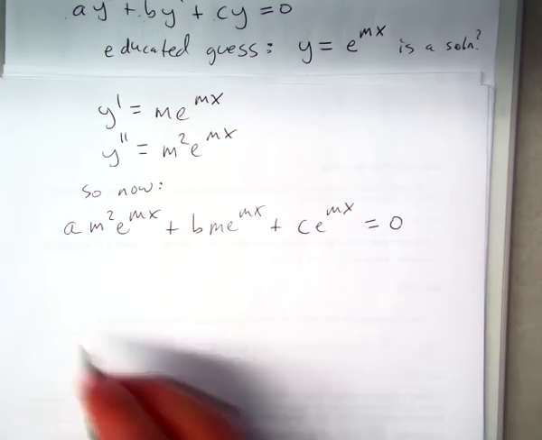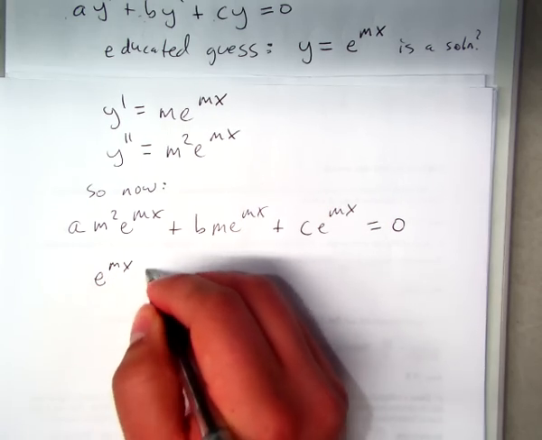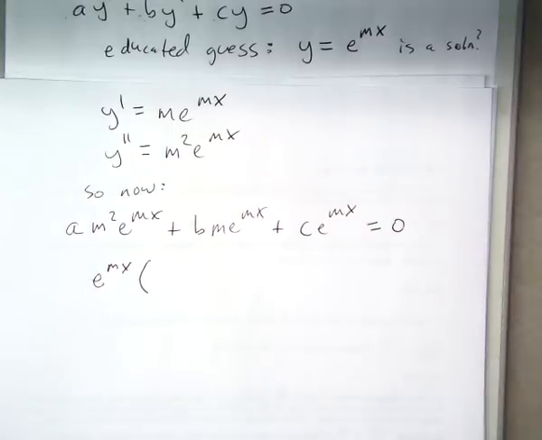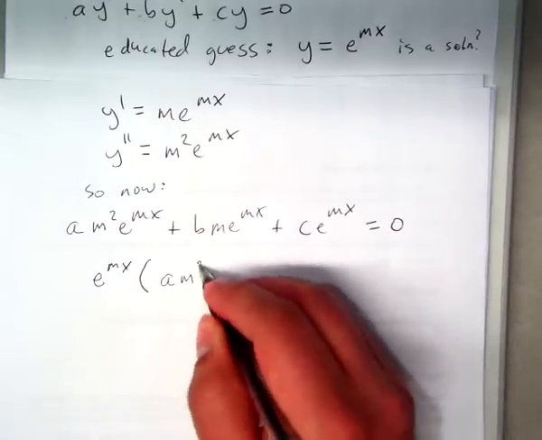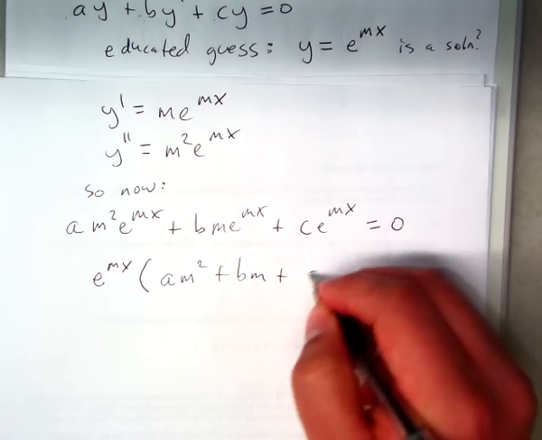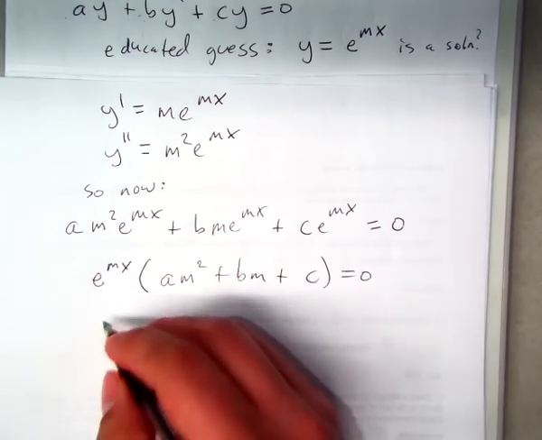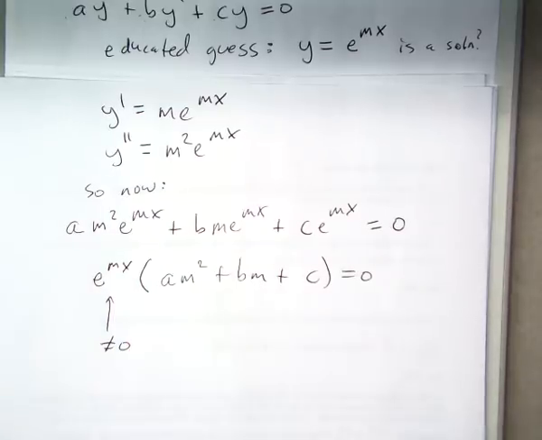And now if this is a solution, I can factor out e to the mx. What's left? Quadratic in m, am squared plus bm plus c equal to 0. Obviously, this guy is never going to equal 0, right?